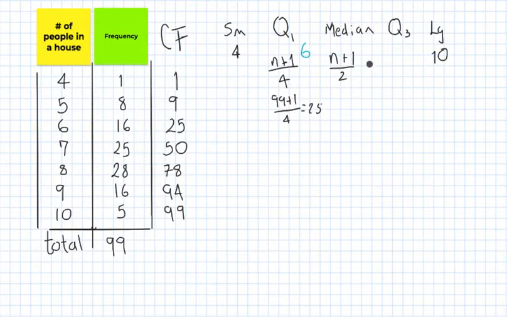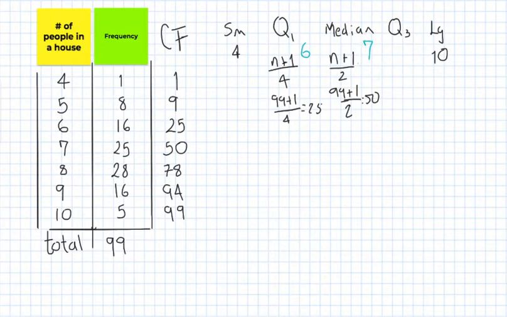So here we replace 99 plus 1 divided by 2. This is going to give us 50. But again, we have to find which is the value that we have in the position 50. So we go here in the cumulative frequency, and the value that is in that position is 7. So here I'm going to write the 7, right?